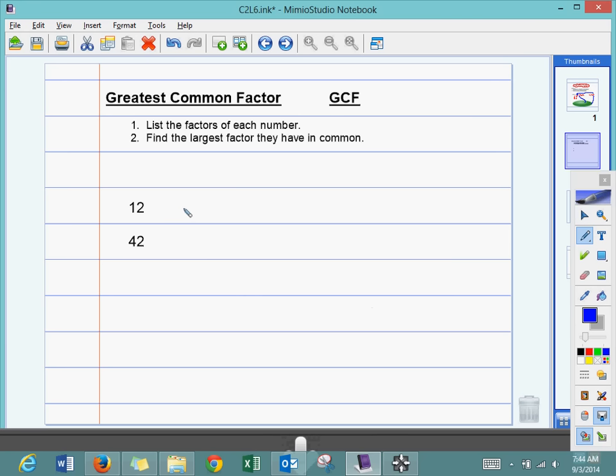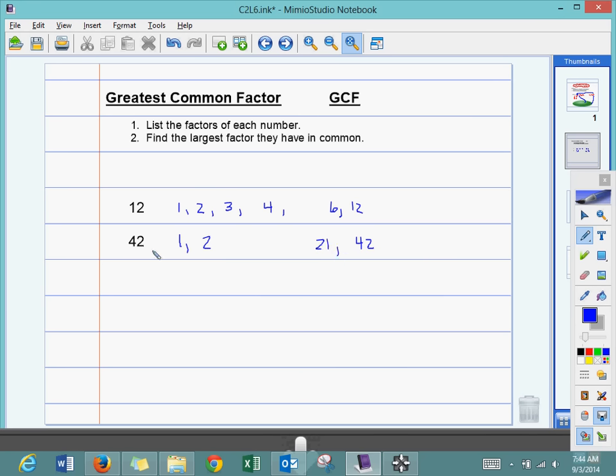So if we make a list of the factors of 12, we have 1 and 12, 2 and 6, and 3 and 4. There's our factors of 12. 42, we have 1 and 42, 2, because I know that that's even, so 2 and 21.